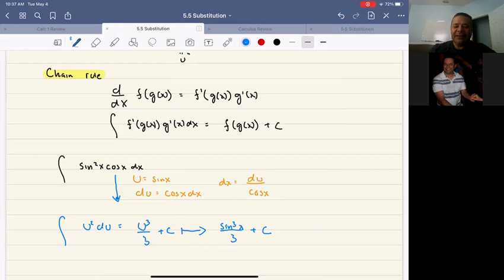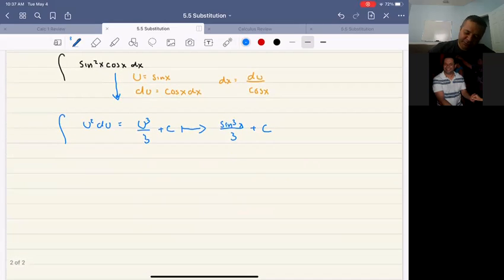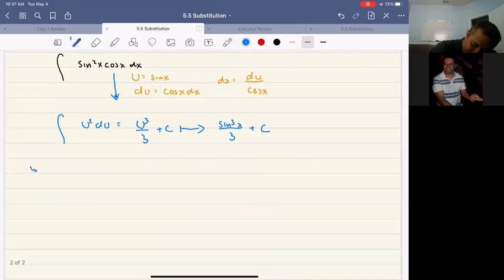Now, I'm going to do that same one, but I'm going to put limits of integration on it. That changes the process a little bit.